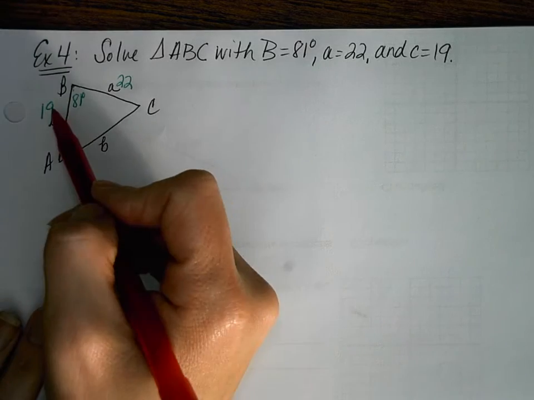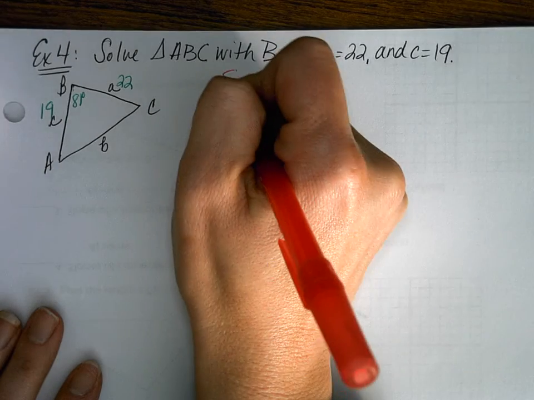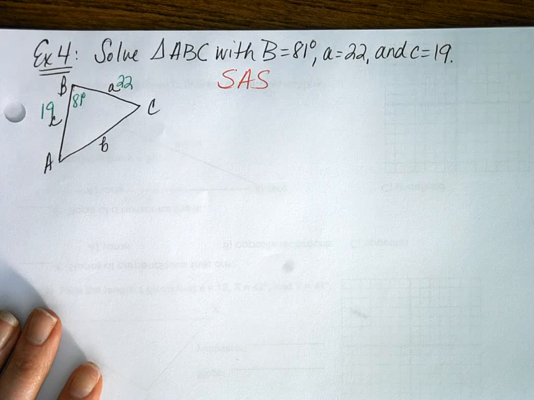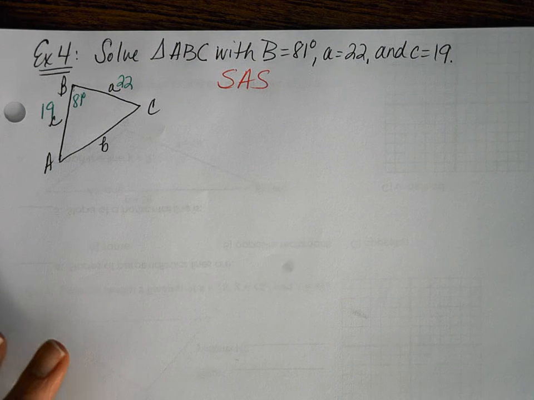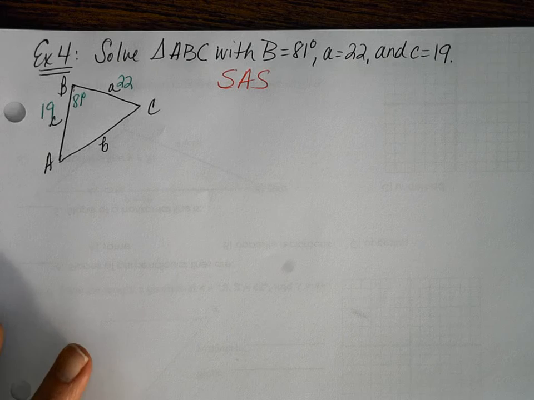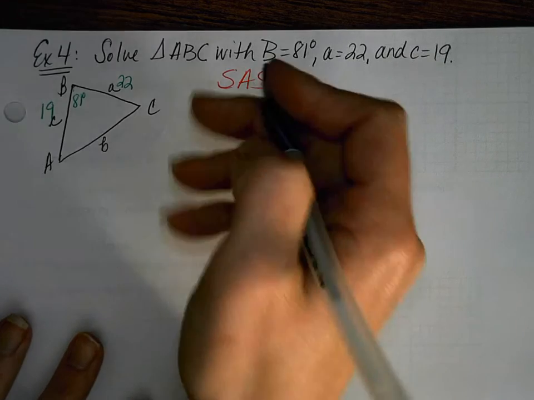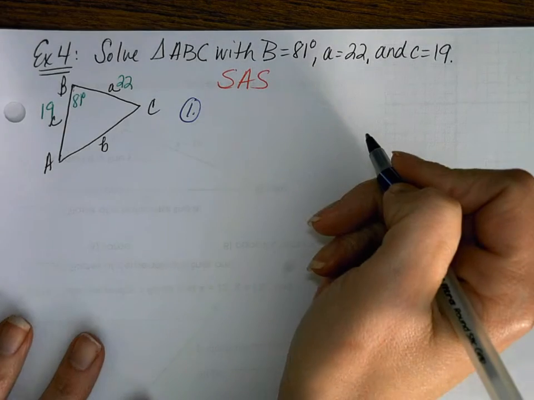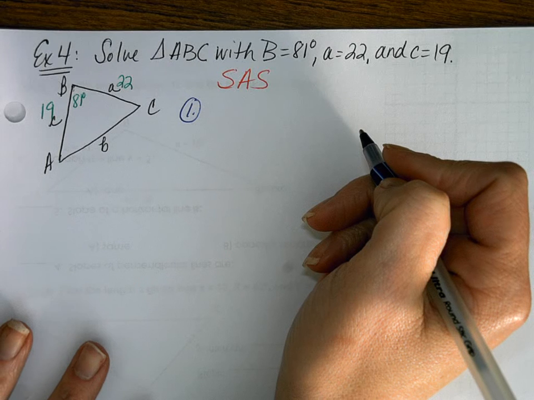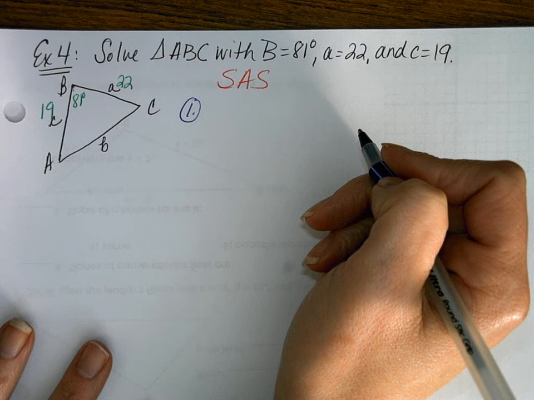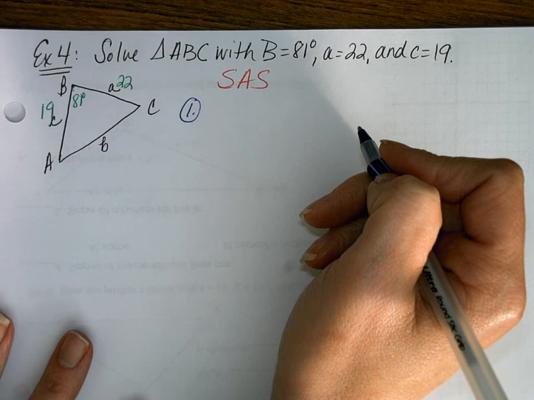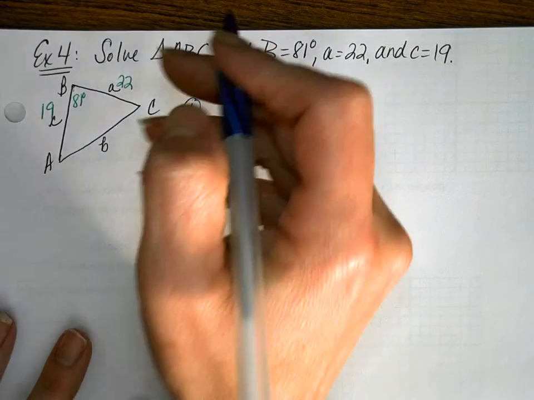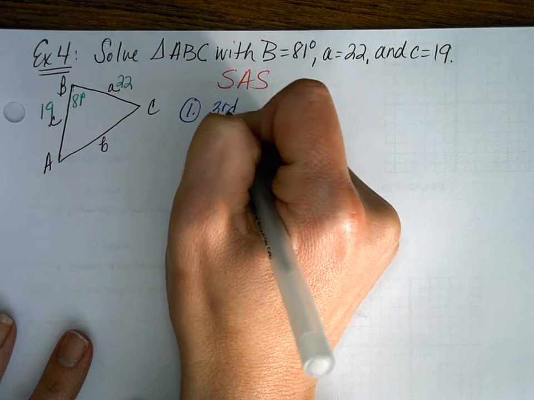They gave me a side, then an angle, and then another side. Now, when it's side, angle, side, Tyler, what's the first thing I've got to find? You bet. We're going to find our last side. We're going to find that third side.